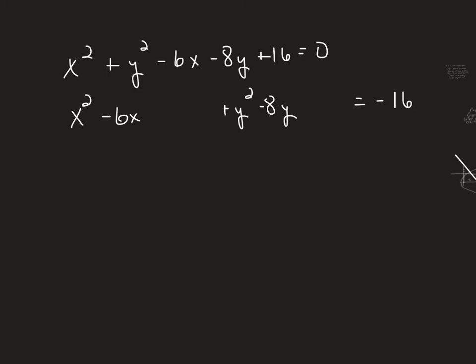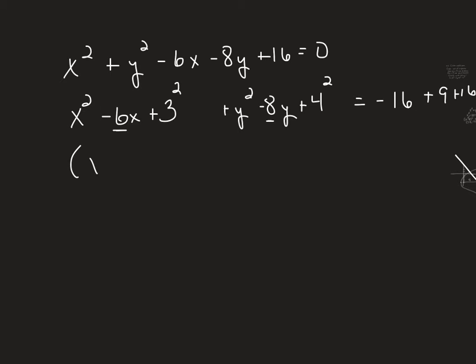Right, we take half this term and square it, and I'm going to add it over here. And I'm going to take half this term and square it, and we'll add it over here.